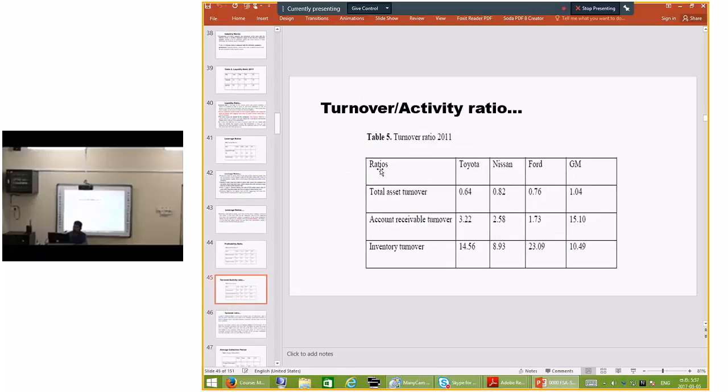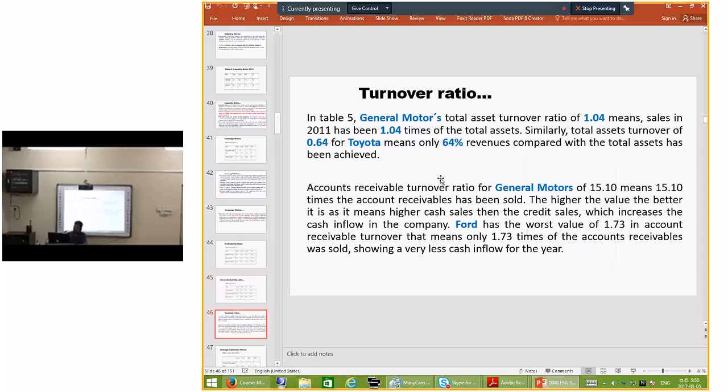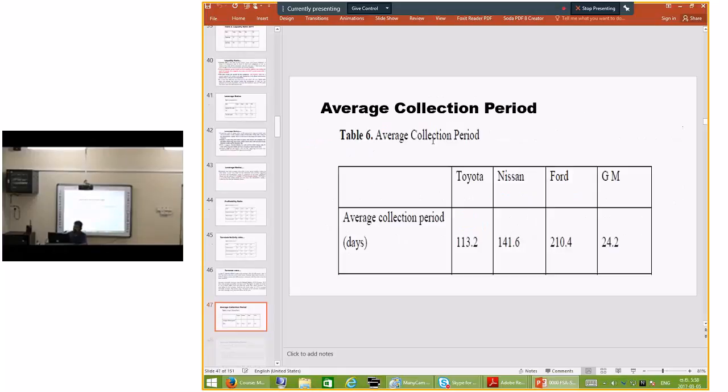Then turnover ratios: total assets turnover, account receivable turnover, inventory turnover. There are a number of ratios: Toyota, Nissan, Ford, and GM, General Motors, right? And you can see those details, right? Interpretation part.